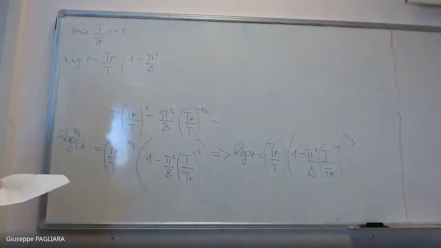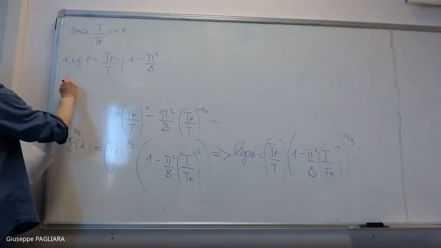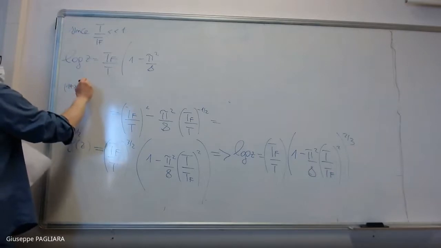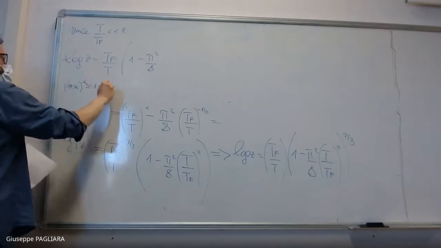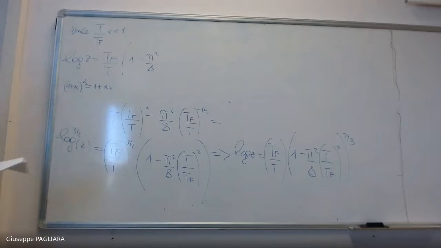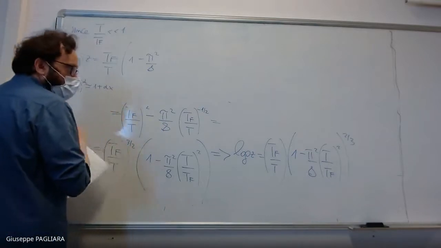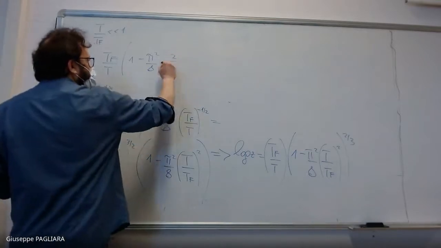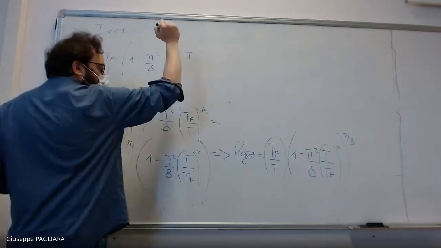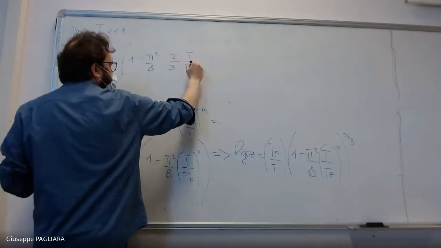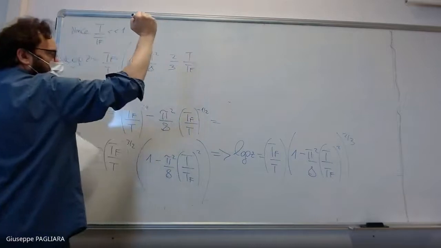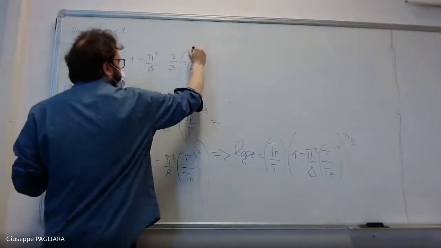So I get Tf times 1 minus pi squared divided by 8, and then I have a 2/3 here, to the power of 2.